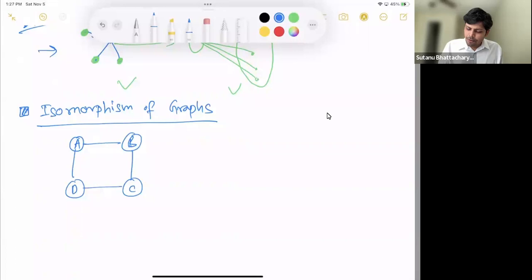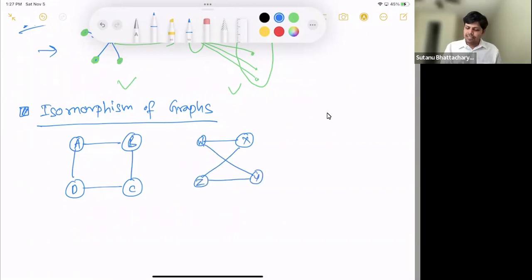And another 4 friends, W, X, Y, Z. So this is another friend circle, the W, X, Y, Z friend circle. And this is the A, B, C, D friend circle.